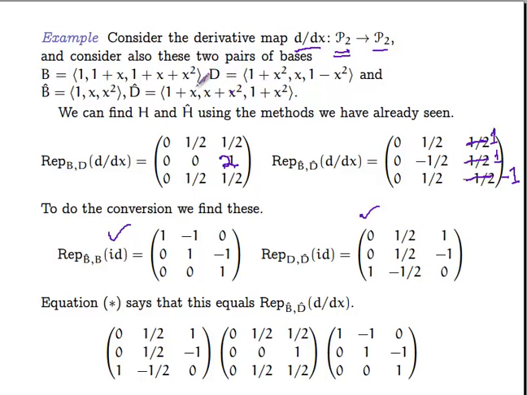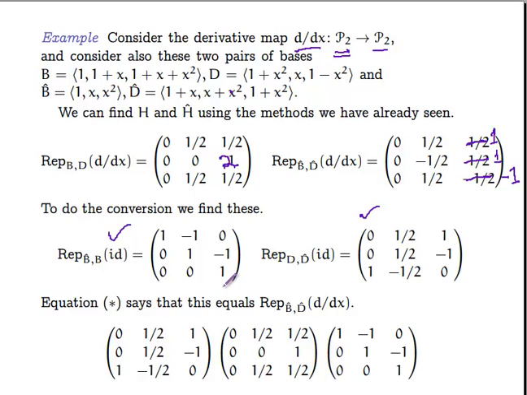I'm sorry, no, it's 1/2, 1/2, minus 1/2, which is correct. And let's just make sure about this. 1 minus x squared expressed in this basis is going to be 1, minus 1, 0. So this one works out correctly.